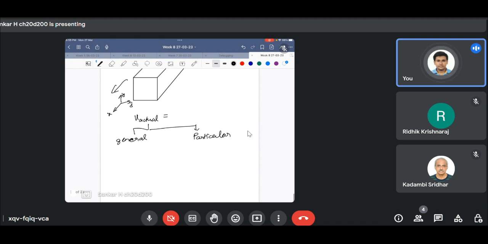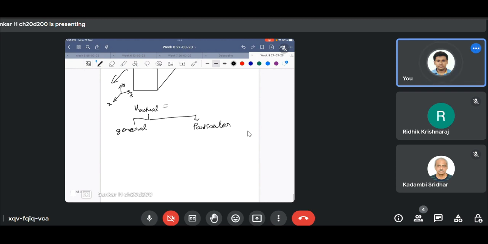How do we solve a second order ODE? We construct a general solution and a particular solution. The particular solution finds the answer of the non-homogeneous part, whereas the general solution finds the solution of the homogeneous part.